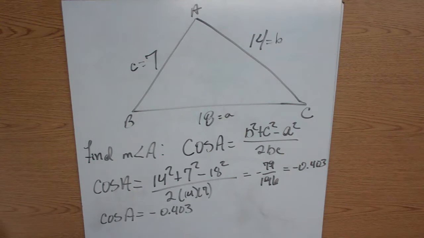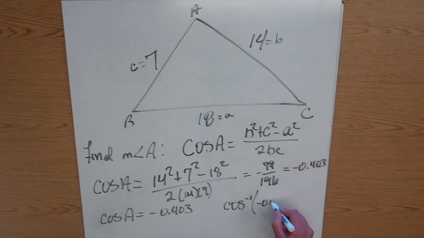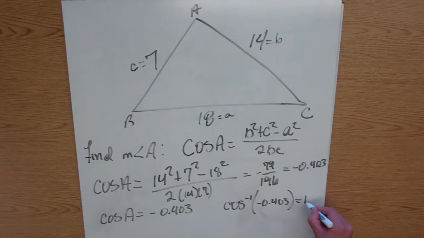Now, we don't have our angle, but we know what the cosine of our angle equals. So we're going to use inverse cosine of negative 0.403, and that will give us our angle A. Plug this in, make sure you're in degree mode. Should come up with 113.8 degrees.